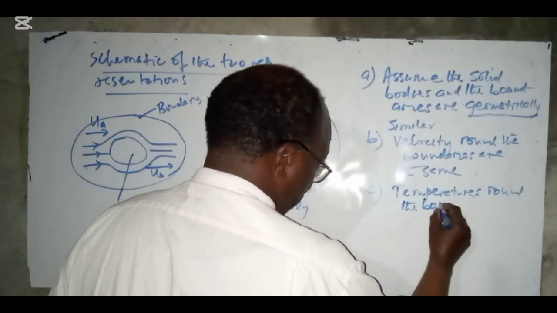Secondly, we can also say that the temperatures will be the same in the fields if the Prandtl number is the same. That is, Reynolds number is the same and Prandtl's number is the same.